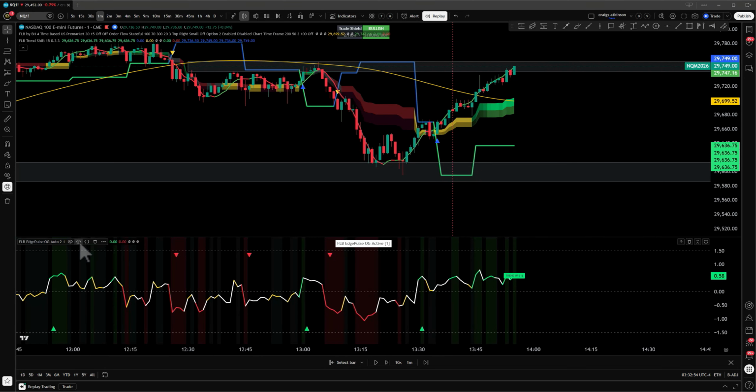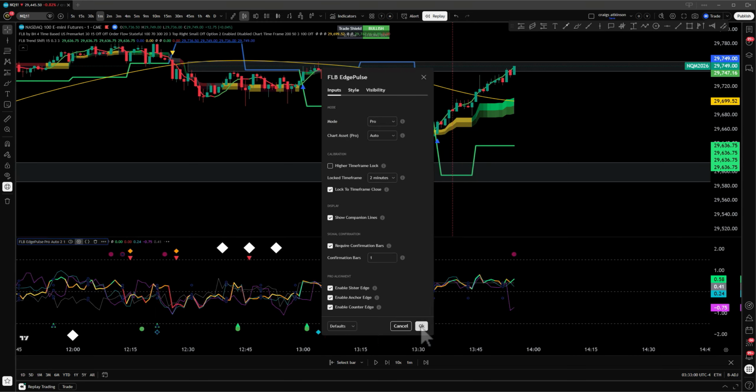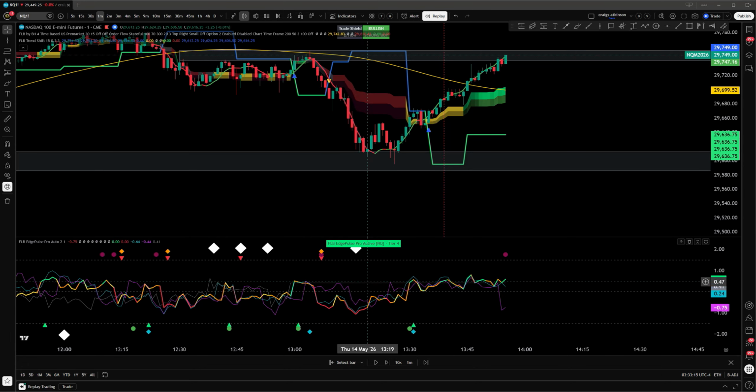Now when you go to Pro, right here, it's actually taking multi-asset confluence. So if we're on NQ, it's going to be reading ES and RTY, YM, and I believe, yeah, it's just those three. We don't have the VIX in this one.